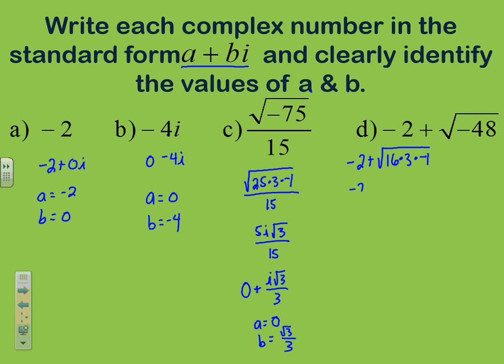So negative 2 plus the square root of 16 will give me 4. The square root of the negative 1 will give me i. And the square root of 3 doesn't simplify. And so that's what we're left with as our simplified answer here, where a is negative 2 and b will be 4 radical 3.